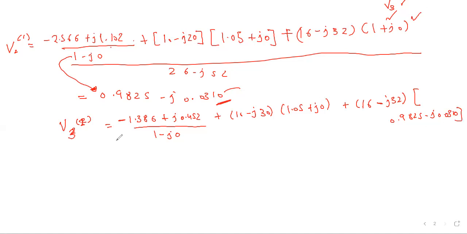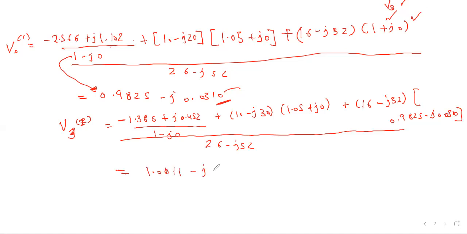This value you have to put here, and the rest of the down value would be the same, 26 minus j52, and you will get the value of V31 as 1.01011 minus j0.0353.